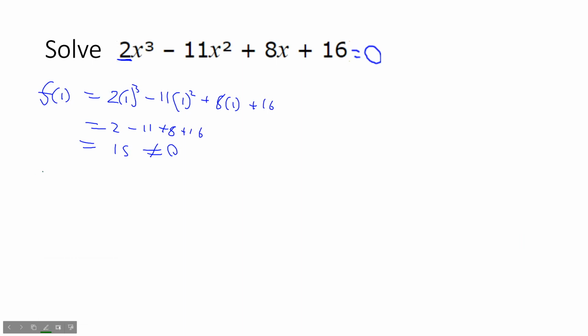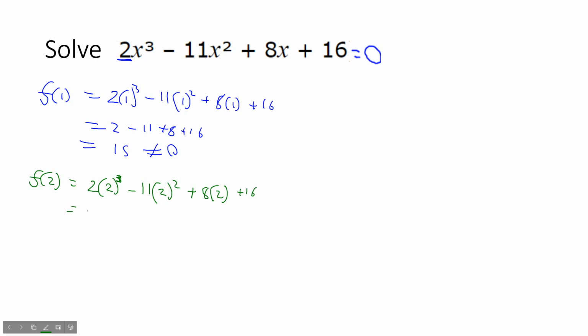Let's try something else. What about f of 2? What's that going to be? We have 2 times 2 to the 3, sorry, nearly gave away what the answer was. Minus 11 times 2 squared plus 8 times 2 plus 16.